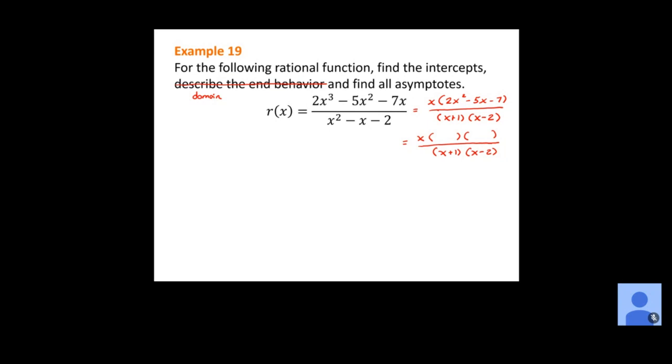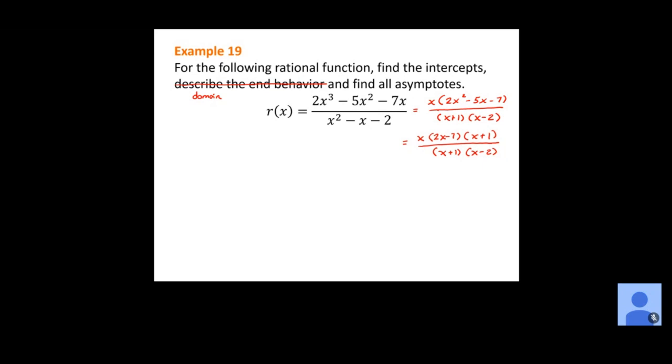All right, so 2x minus 7, and then x plus 1. Good, because that'll give us 2x squared. We'll have a positive 2x and a negative 7x is negative 5x, and then negative 7 times 1 is negative 7. Okay, so that looks good.